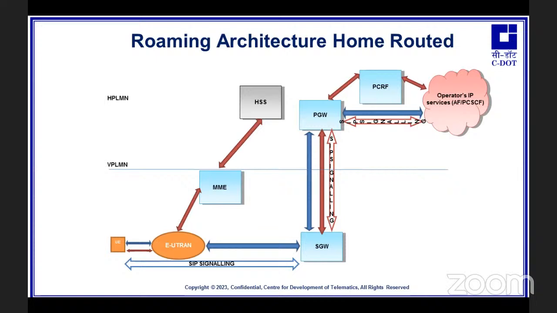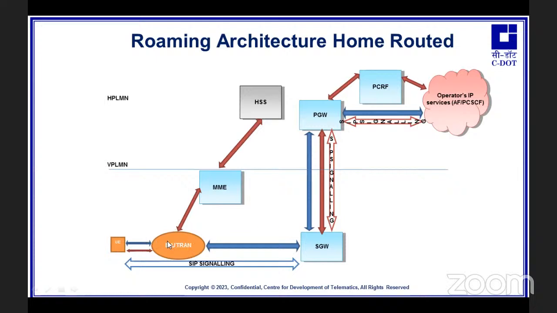See, this is the UE. This is our home PLMN. So one subscriber of the home PLMN is coming to this PLMN. This PLMN is different, and this PLMN is different. So this UE from the home PLMN moves to the VPLMN, which means it comes within the range of this eNodeB.